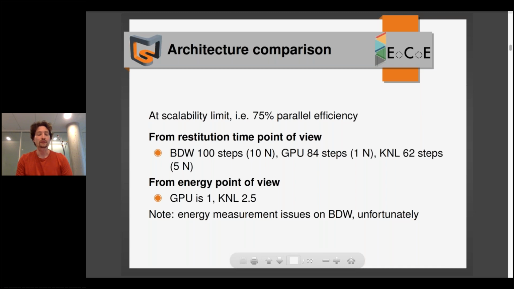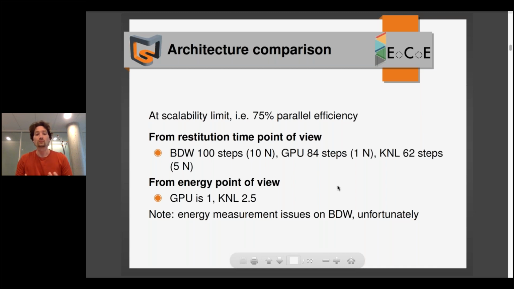On Broadwell, typically it happens with 10 nodes, and let's imagine that we are able to do 100 time steps of simulation. On GPU, this scalability limit is reached with only a single node, and with a single node we are able to do 84 time steps. And on Kernel, with 5 nodes, we are able to do 62 time steps.